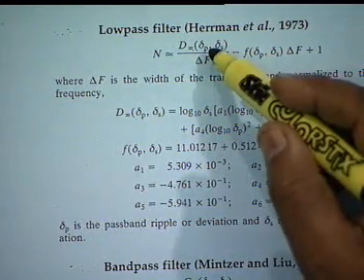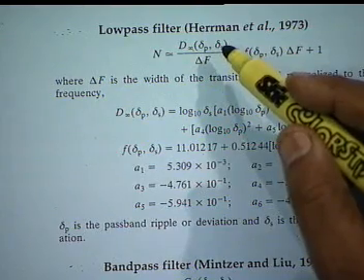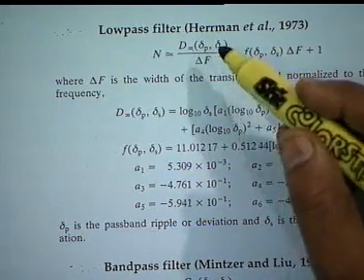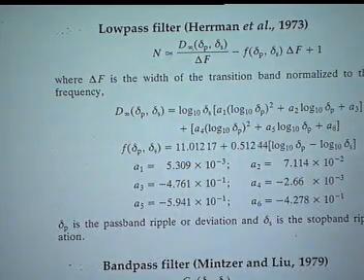Our delta p, in our case delta p was the smallest transmission in the pass band. Here delta p is the ripple, that is the difference between the maximum and the minimum. You have to be careful about this. If the maximum is 1, then 1 minus delta p is the minimum transmission in the pass band. So this delta p is the pass band ripple, delta s remains the same.